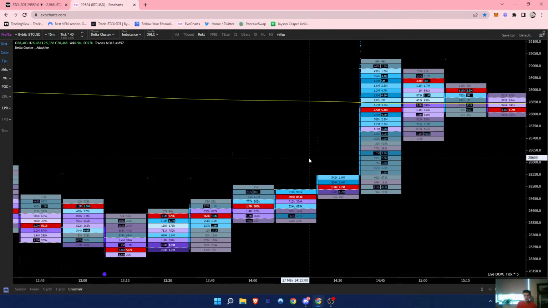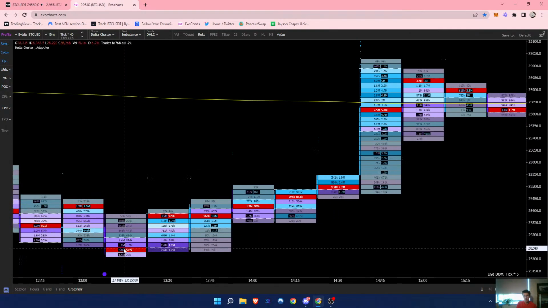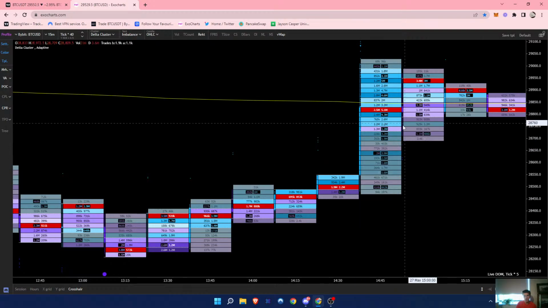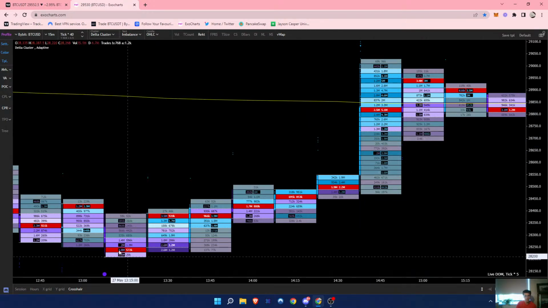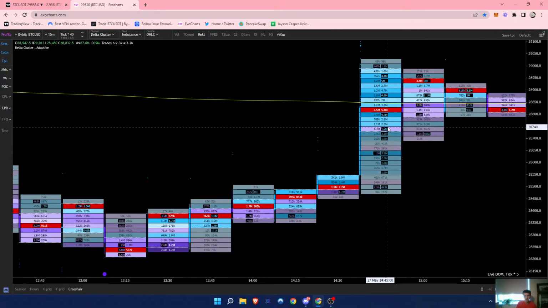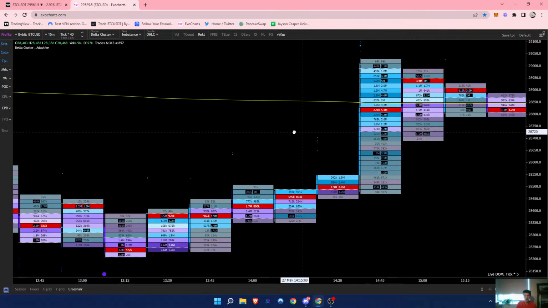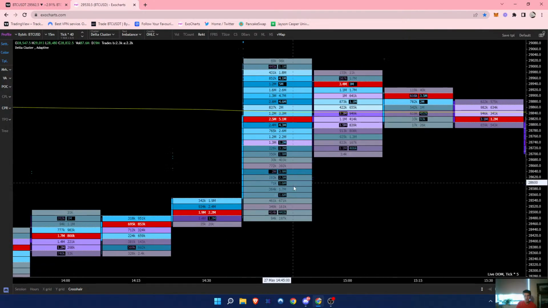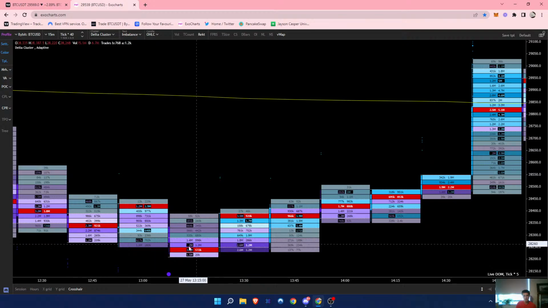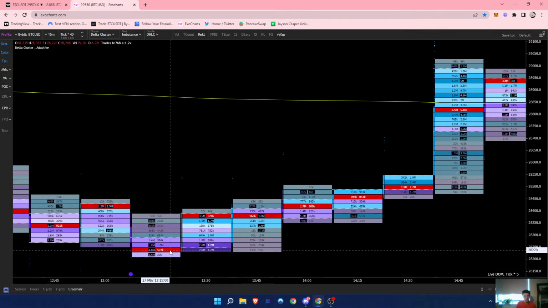And again, shorts are down here, so they're still underwater. And these trapped shorts are just being trapped by these longs. Longs are on the right-hand side, and a whole bunch of stacked long market orders coming in, trapping these shorts down here. So again, they're underwater, they're losing money.